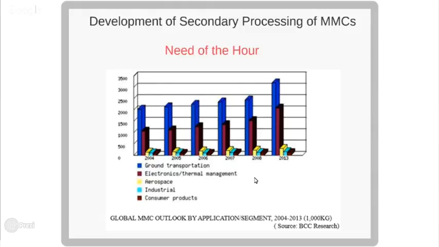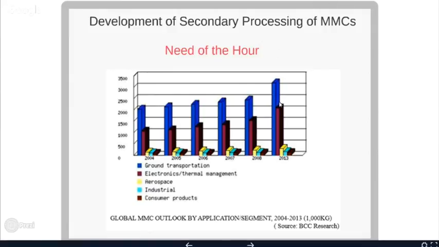This is a survey made by BCC Research, covering 2004 to 2013. Here you check that this blue strip as well as this red strip show that metal matrix composites are extensively used in ground as well as in consumer products.